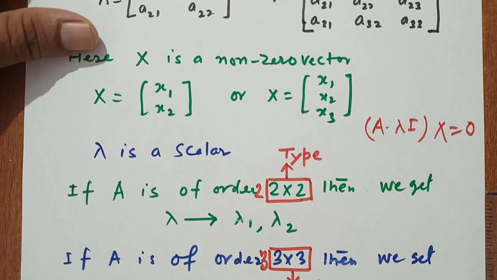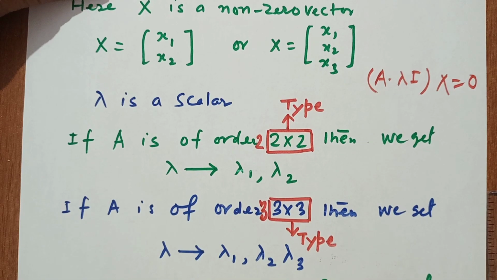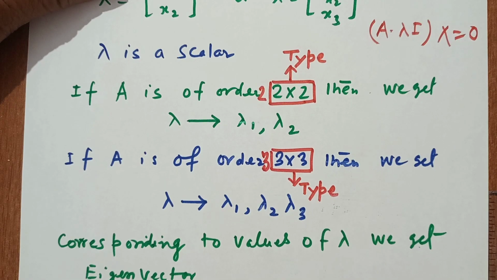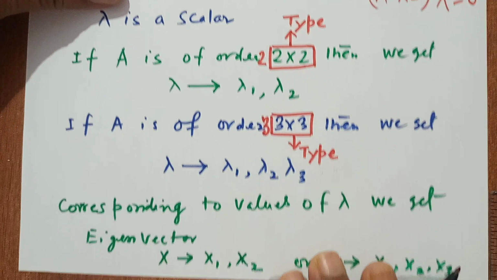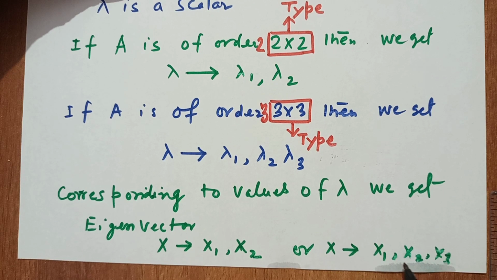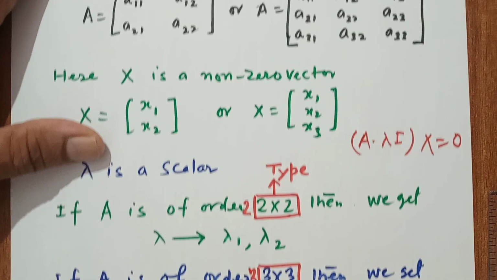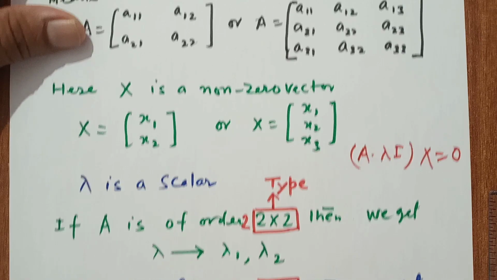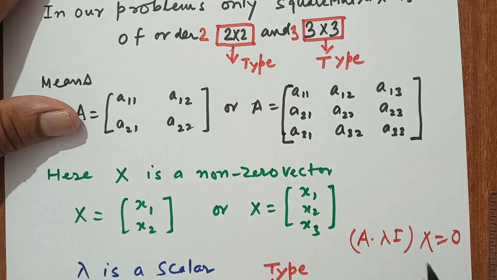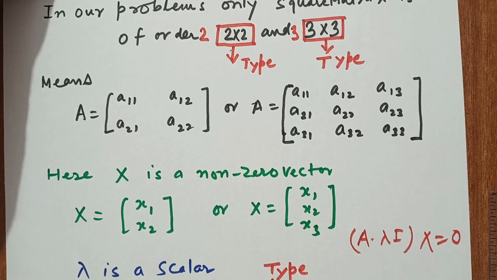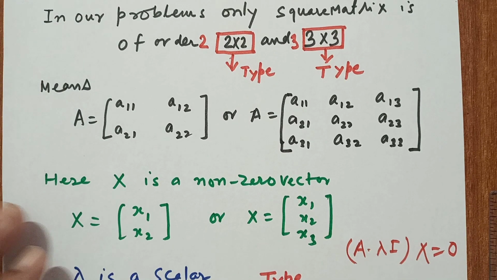Corresponding to lambda we get eigenvectors: for lambda equal to lambda 1 we get x1, for lambda equal to lambda 2 we get x2, and similarly x3. So these are the characteristic roots and the characteristic equation, for finding the eigenvector or eigenvalue.